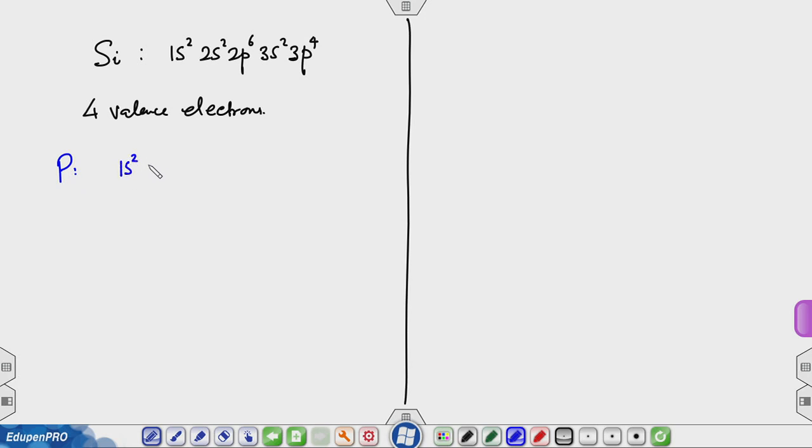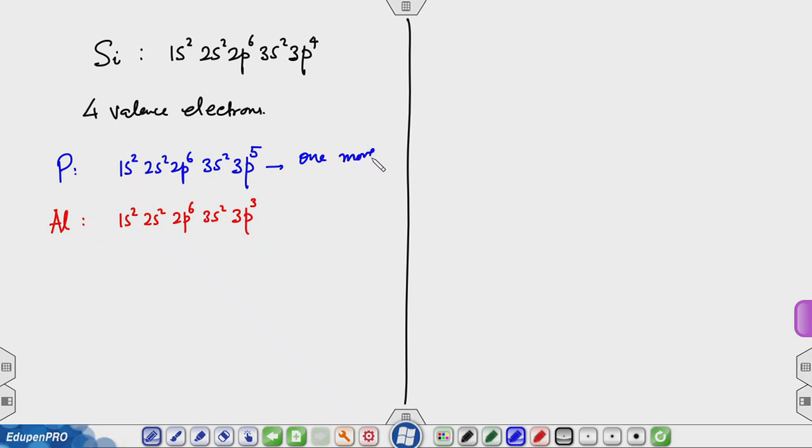So, its configuration is 1s2, 2s2, 2p6, 3s2, 3p3, and on the left is aluminum, which has 13 electrons. So, it has 1s2, 2s2, 2p6, 3s2, 3p1. So, this one has 1 more electron than silicon, and this has 1 less electron than silicon.